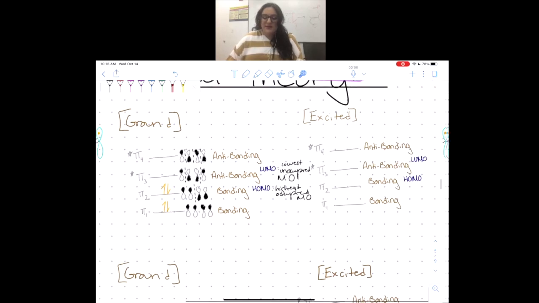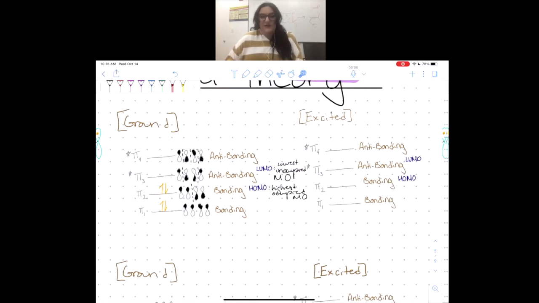When we go into the excited state, before I say anything, you have to note that these names don't change. So this will still be bonding, bonding, antibonding, antibonding, and this will be HOMO and this will be LUMO. The names don't change. And the reason for this is because you can think of each of these energy levels as a container. So if you have 4 containers and each of them hold a specific thing.